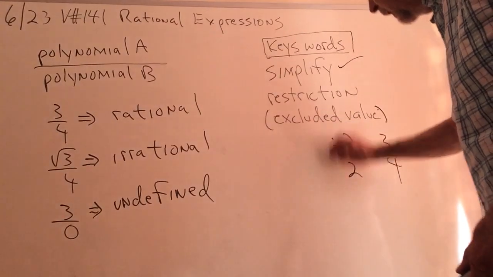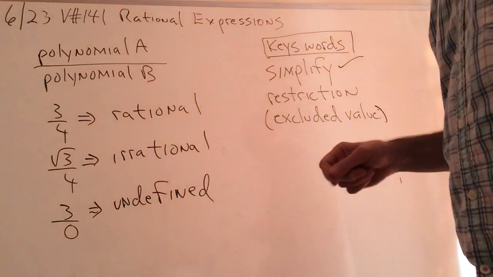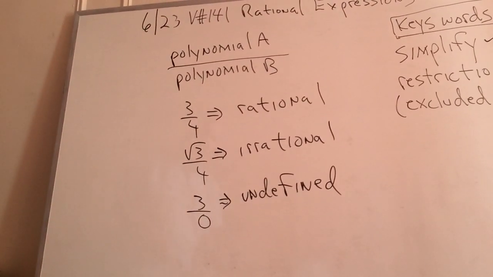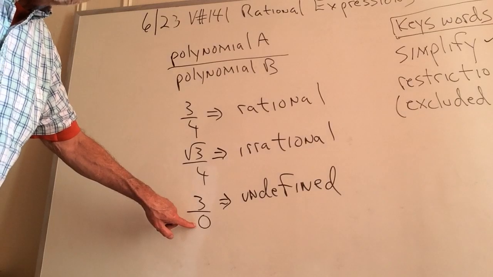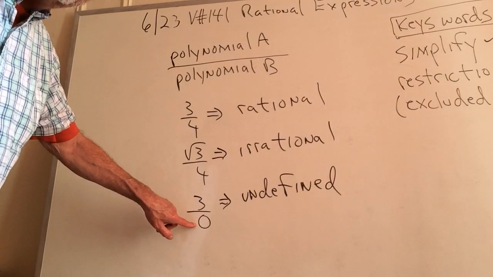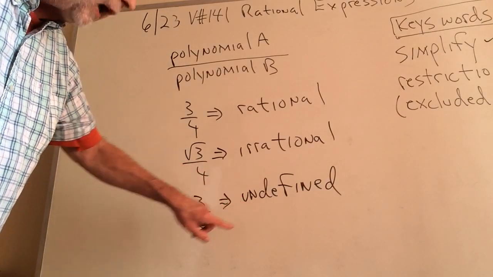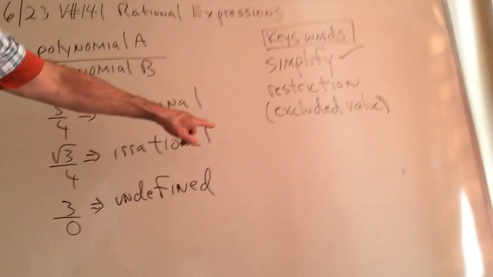And let's go on now to the third topic here. So we talked about rational, irrational. Well, as it turns out, as I told you so many times over the course of the year, you're not allowed to have a 0 in the denominator in math. So here, this 0 is called undefined in the math books, and that's where we introduce the idea of a restriction.